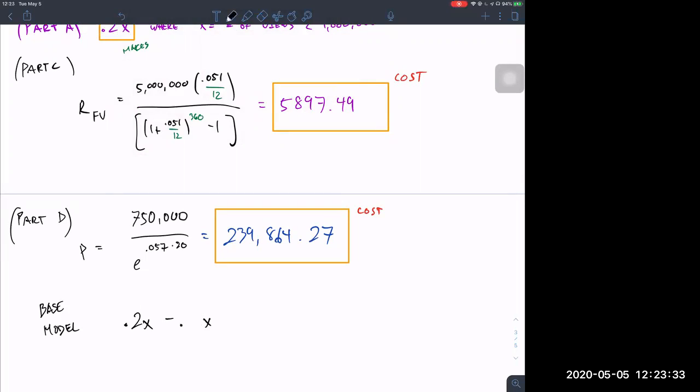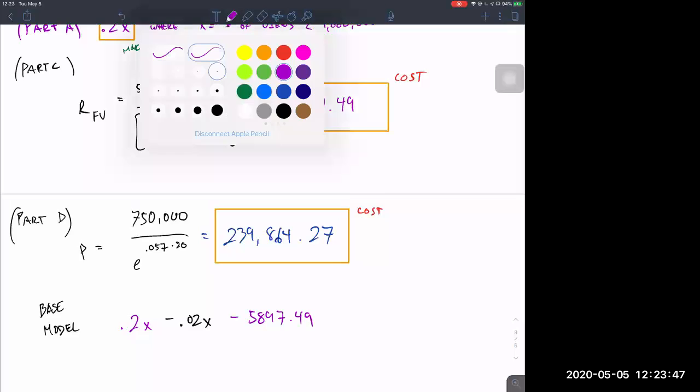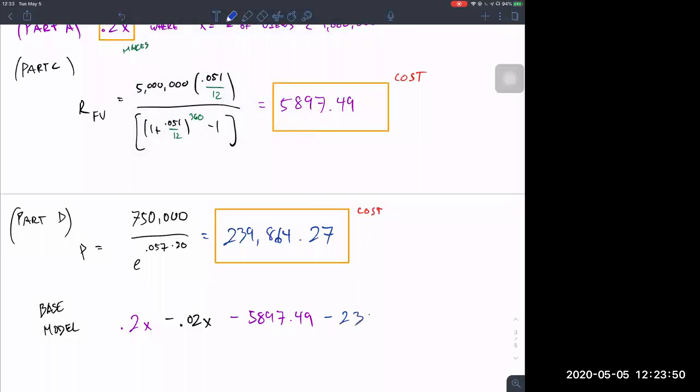Do this one in purple. 0.2x minus 0.02x, there we go, minus 5,897.49 minus 239,864.27.